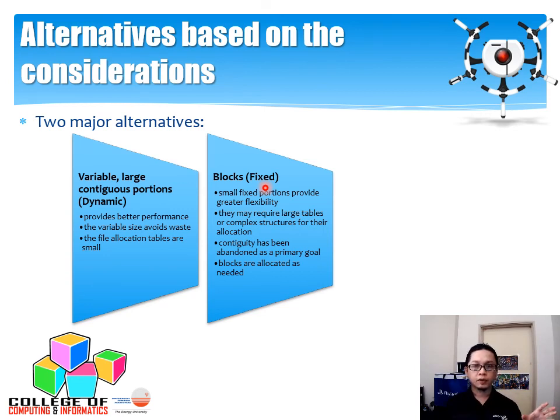So either use variable contiguous portions, or you want to use blocks. These are the considerations that can be used to store files in the secondary memory. So how is it used? We will see in the next section.